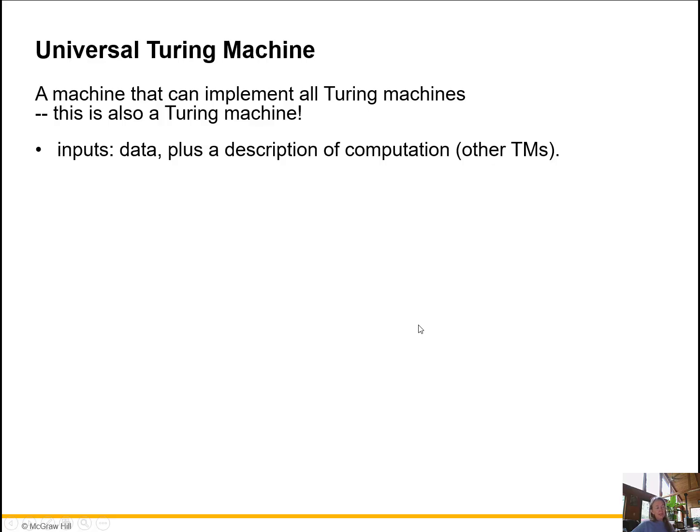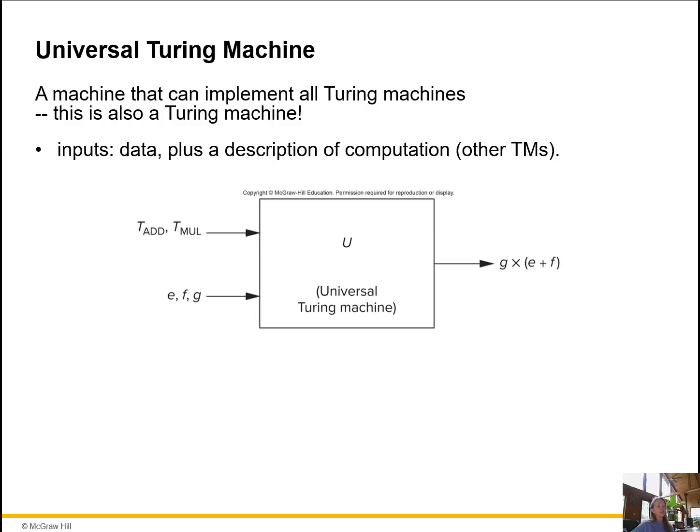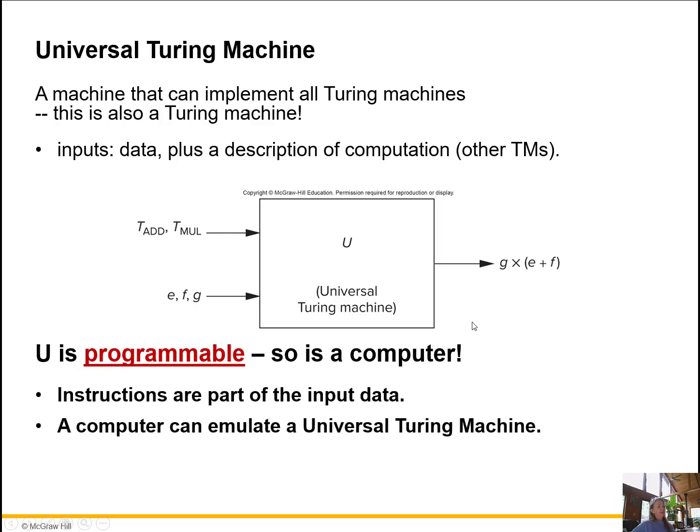So any machine that you can put together of all these different Turing machines is going to be our universal Turing machine. And here we have a multiplying Turing machine which uses an addition Turing machine, and then you put that together with more inputs, and then we could have something that did a multiplication times an addition.